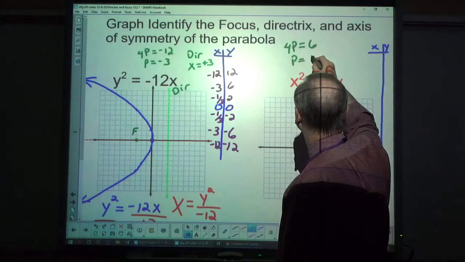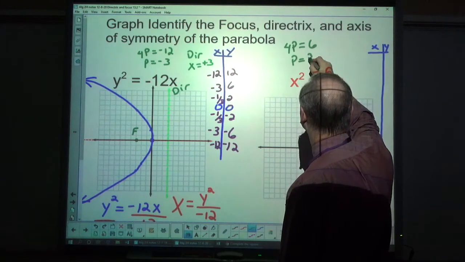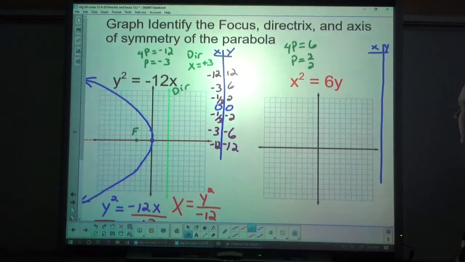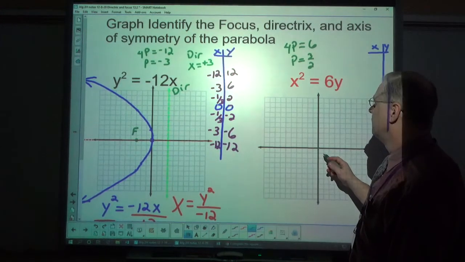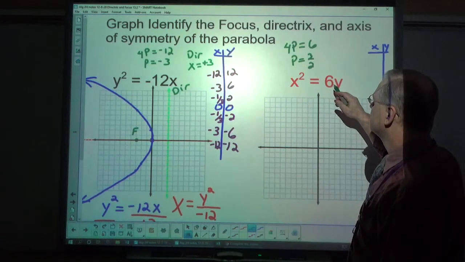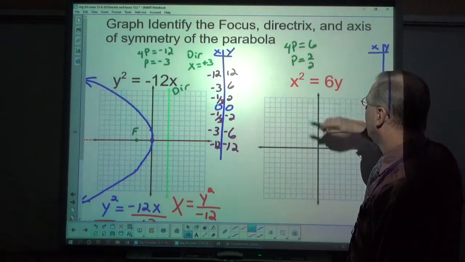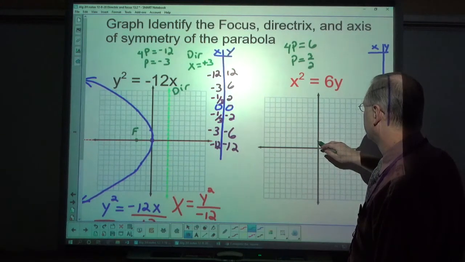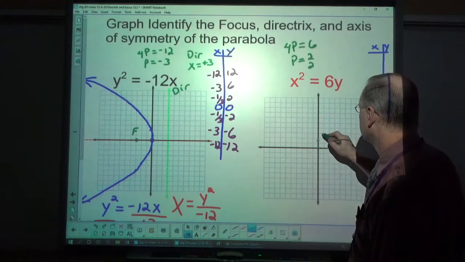So p is going to be 3 halves. 6 over 4 is 3 halves, or 1.5. So this one, the focus is 0, 3 halves. So up 1.5. There's our focus.